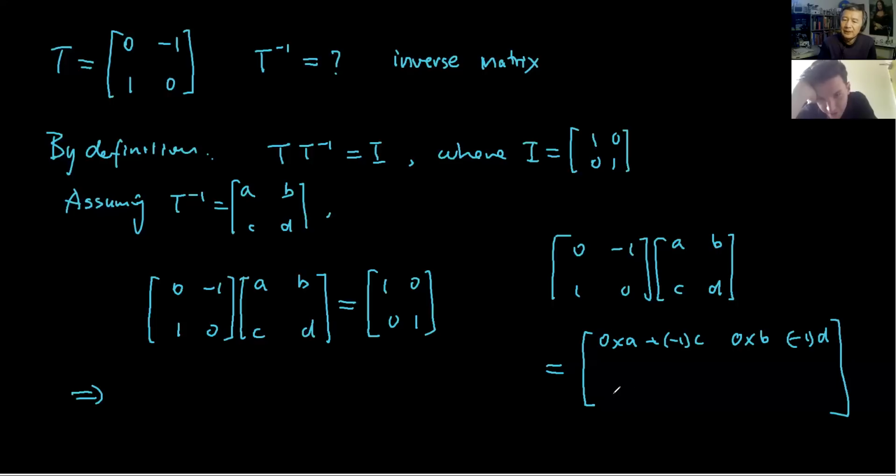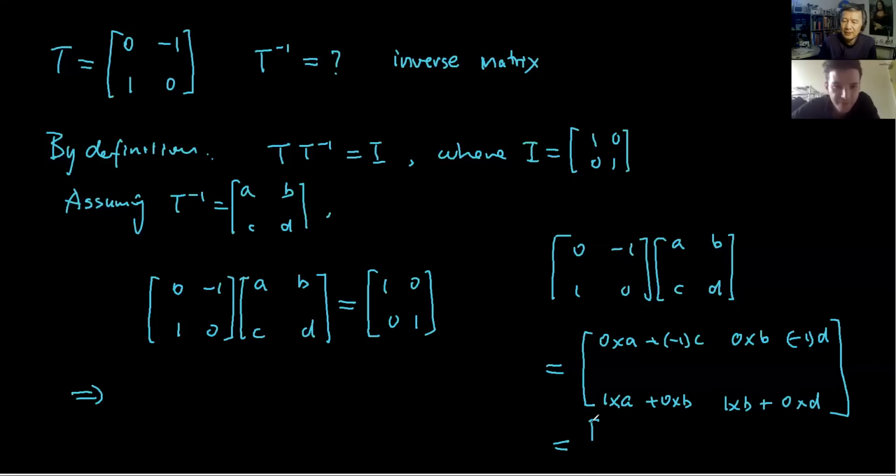How about the third one? That's 1 multiplies A plus 0 B. And the last one is 1 multiplies B plus 0 multiplies D. Simple.